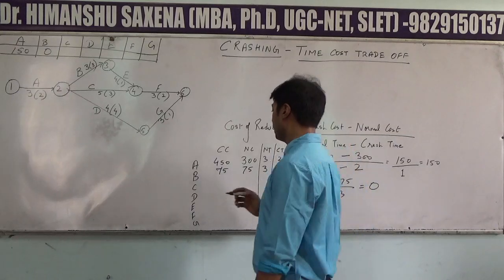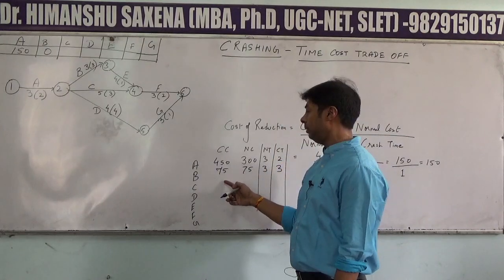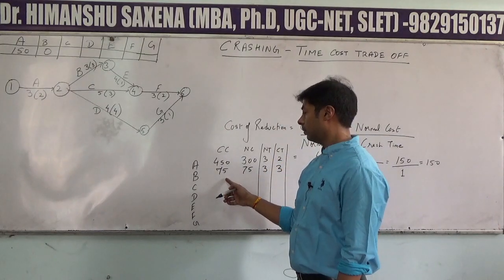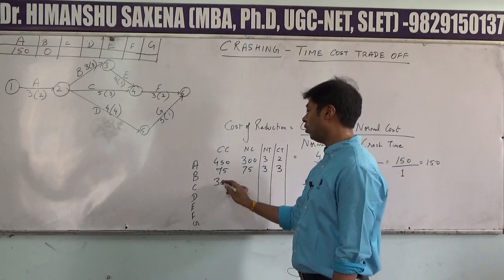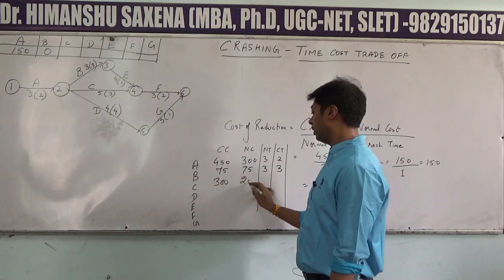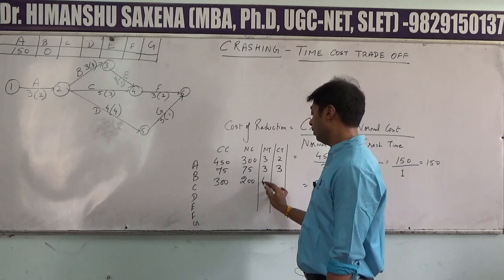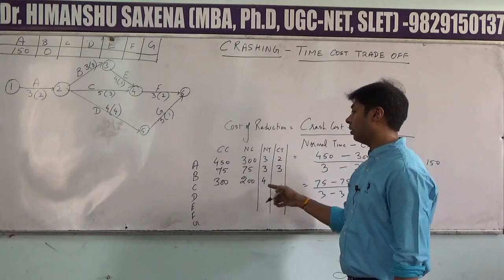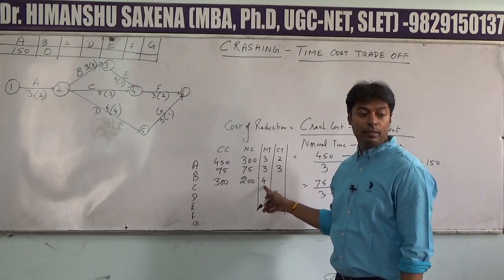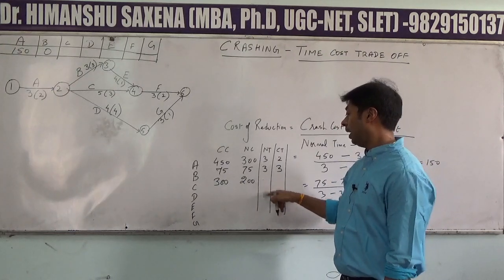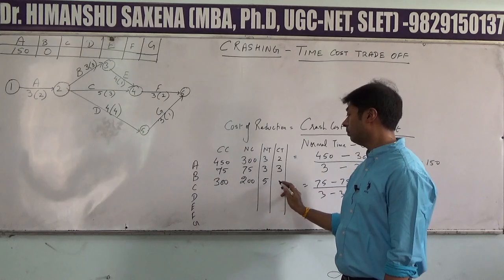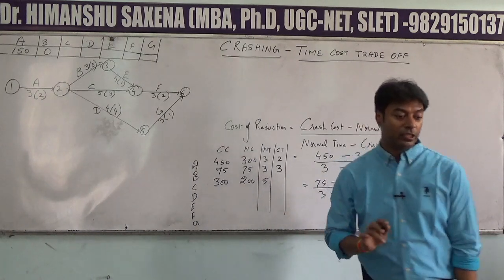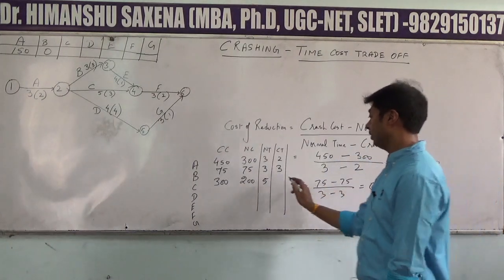Okay, for C, what is the crash cost for activity C? Crash cost is 300. Normal cost? 200. Normal time? For activity C, the normal time is 5. And crash time? That is 3.